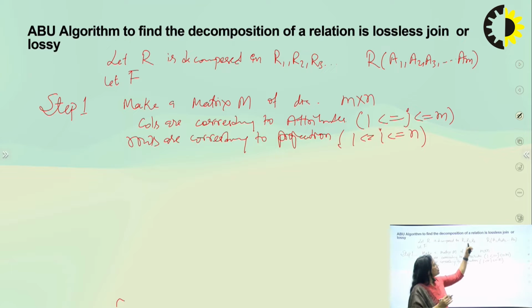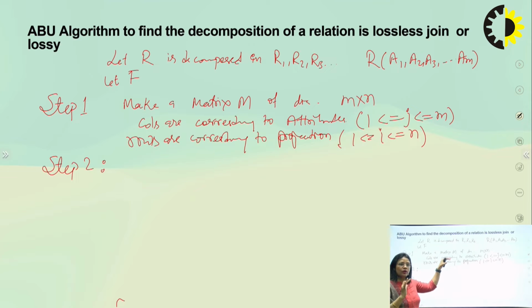If we have a 3-part decomposition, meaning three relations after decomposition, then the value of N will be 3 at most. So now we have made a matrix of M cross N dimension. Now it is time to initialize this matrix.